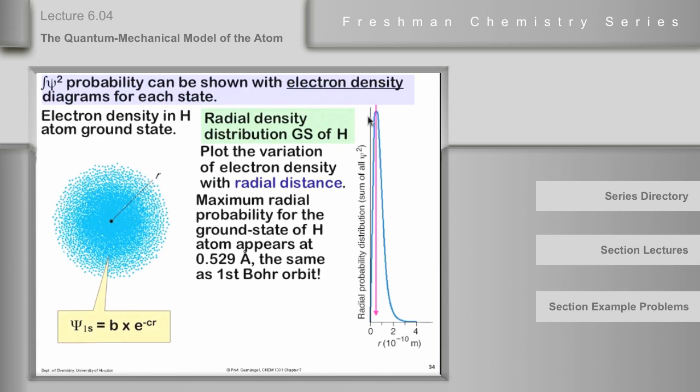Bohr said if the electron's in the ground state, it's exactly 0.529 angstroms. We know that if the Heisenberg uncertainty principle is true, Bohr couldn't say what he did, but this description of the probability is completely acceptable.